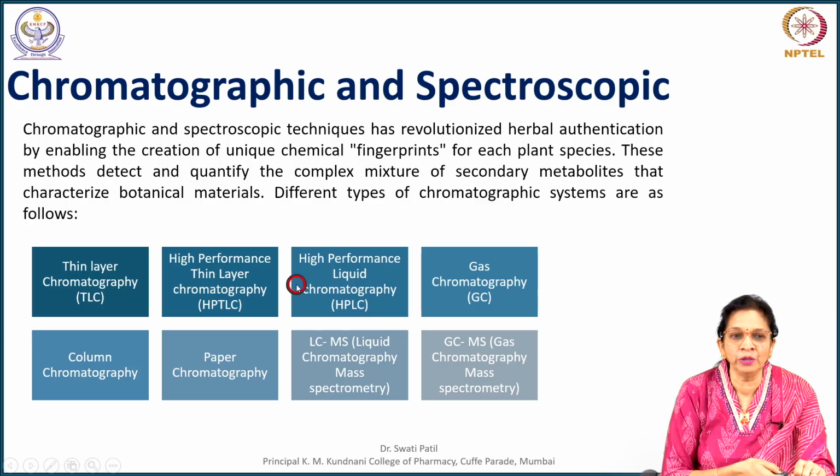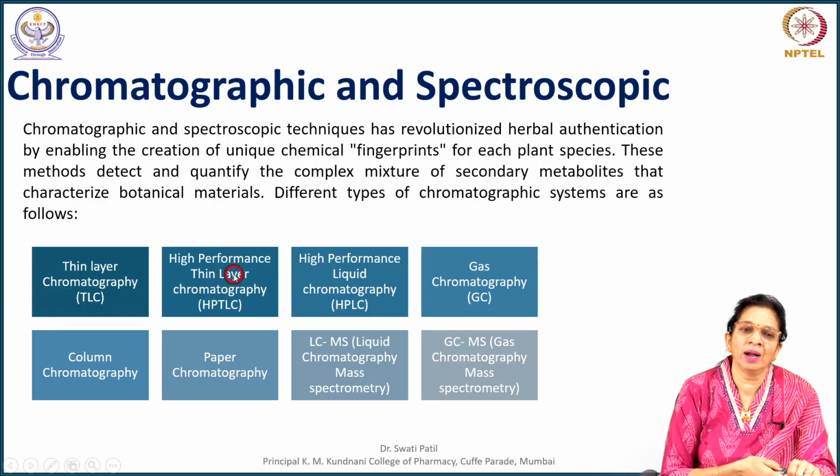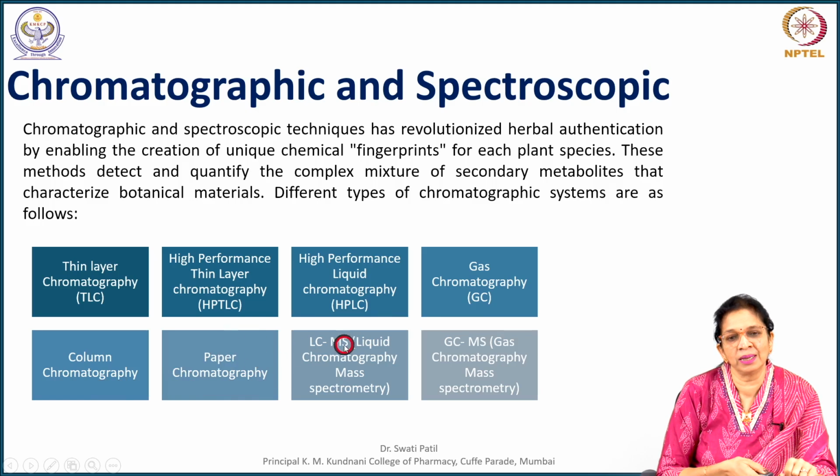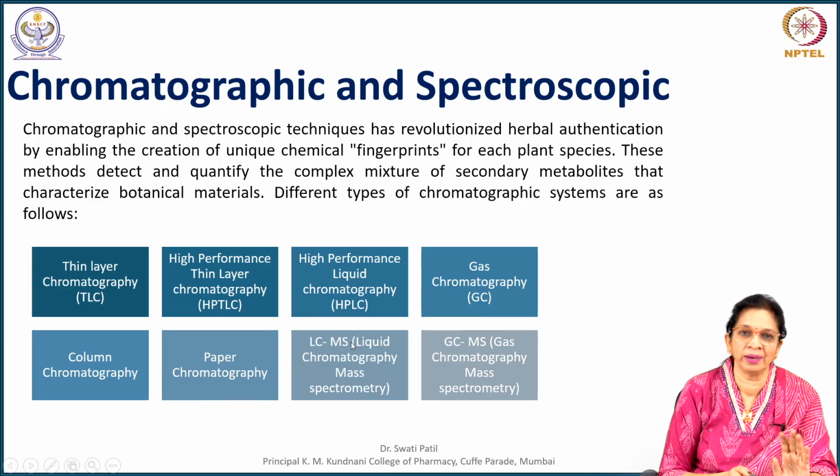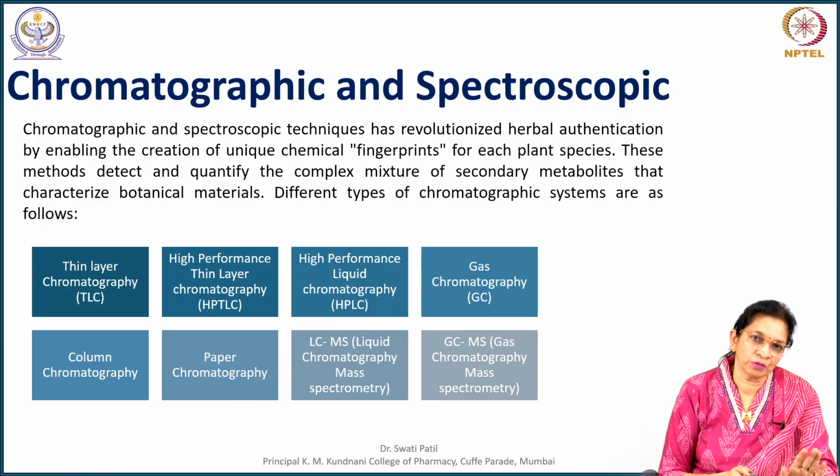The ones commonly used on a lab scale are thin layer chromatography, high performance thin layer chromatography, high performance liquid chromatography, gas chromatography, column chromatography, paper chromatography for amino acids, and mass spectrometry, which is used to identify active constituents based on their molecular weight.